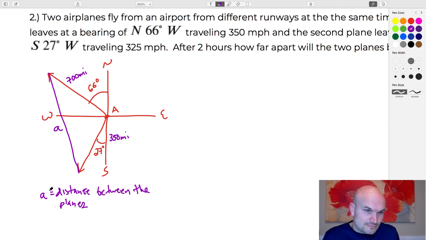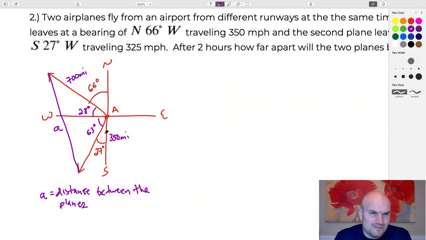All right. The other thing we can do, and one of the big things about bearings, is using complementary and supplementary angles. If from here to here is 66 degrees, then from here to here is 24 degrees, because these two angles have to add up to 90 degrees. If this is 27 degrees, then this is going to be 63 degrees.